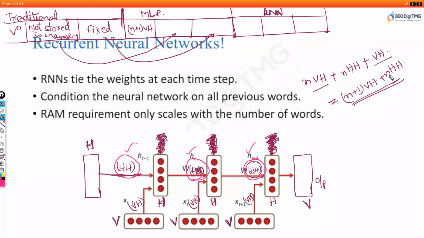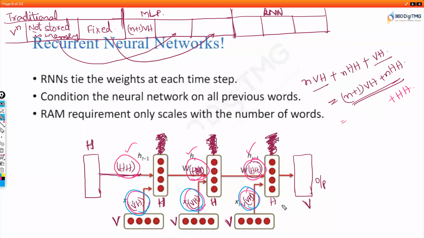So it's 1 into HH, which is HH. And then all these weights also get averaged, and you'll have a single set of weights, VH.